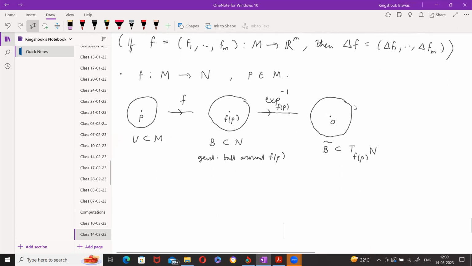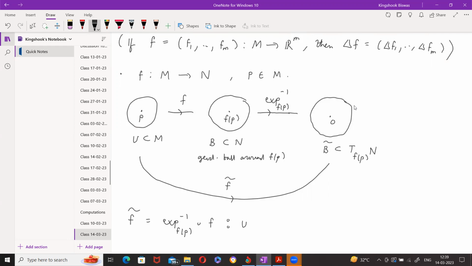So then, locally I get a map F tilde. This is exp sub F(P) inverse composed with F, from an open set in M, a neighborhood of P, mapping into a ball in the tangent space to F(P).